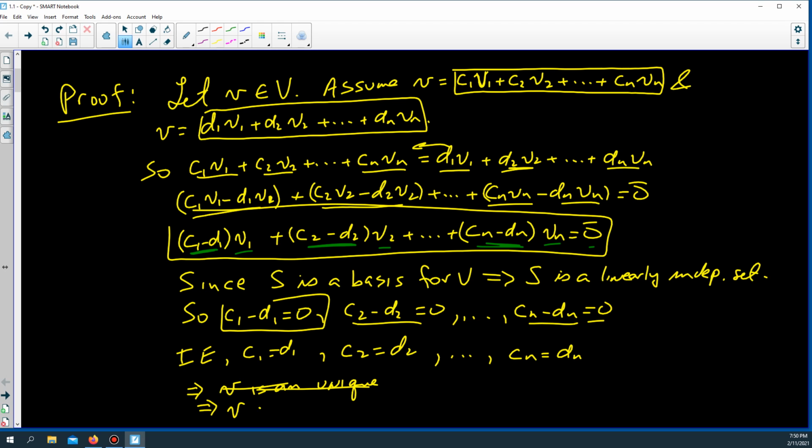This implies v can be expressed as a linear combination of vectors in S in a unique way.